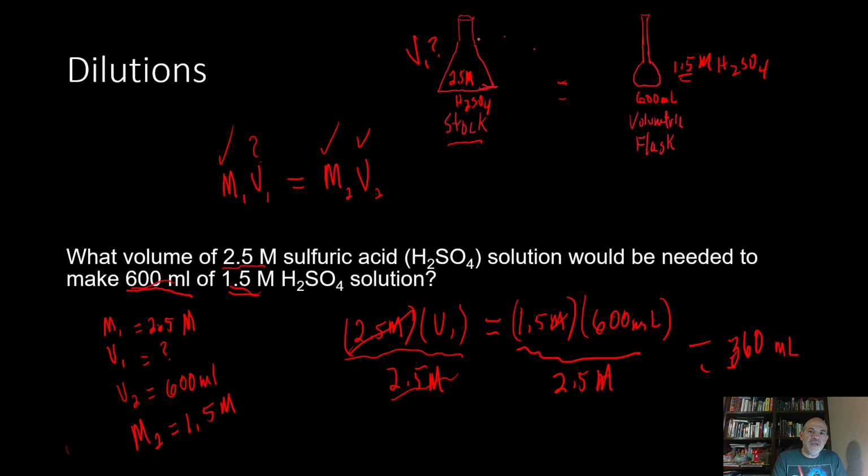So what we would do is get 360 milliliters and put that in there based on our calculation. We put it in there and then we fill it to the line where it's at 600 milliliters, and that's going to give us the concentration we wanted, which was a 1.5 molar solution. So that's how we would use this equation.